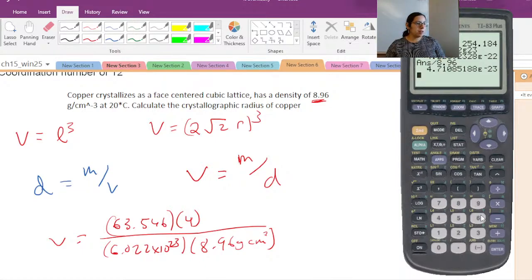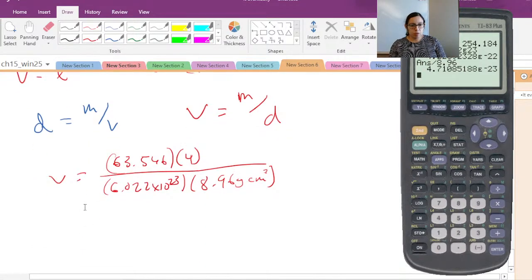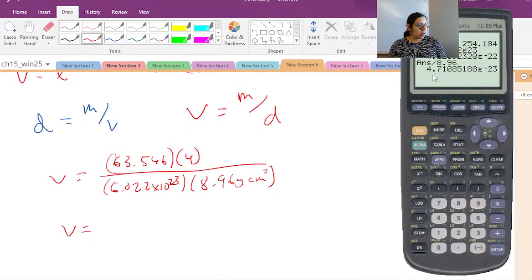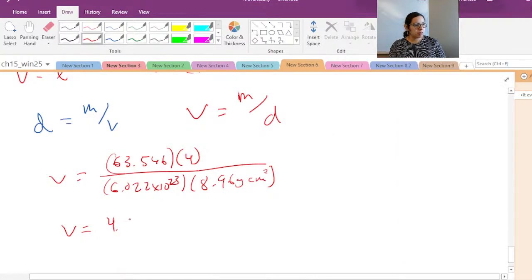All right, so then we should get something of a volume of 4.71 times 10 to the negative 23rd. And then we're still in centimeters cubed, so still in centimeters.